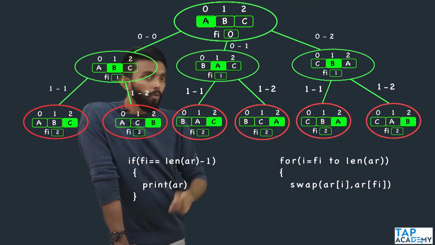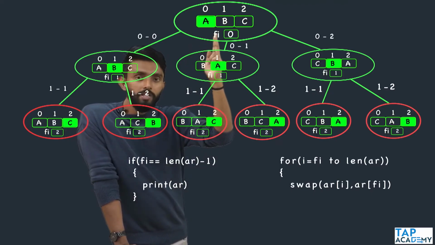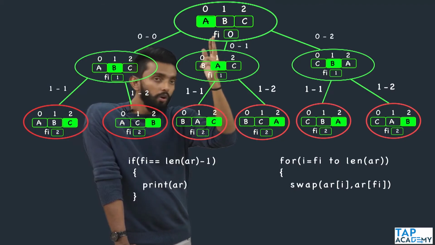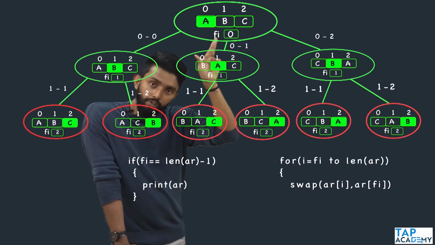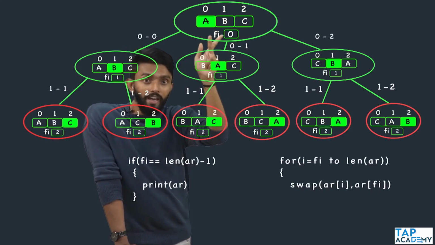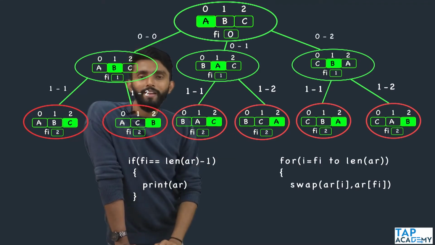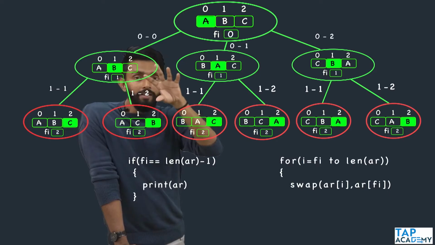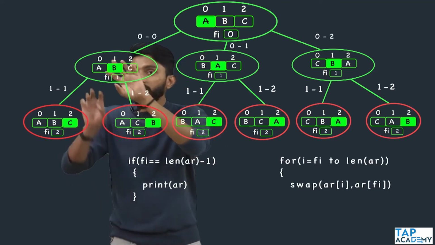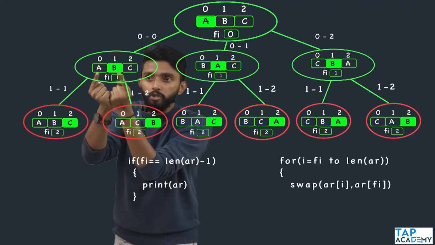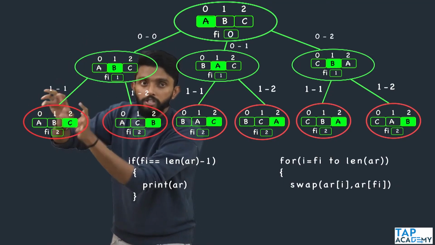Would you agree with me? Wherever I is, with the fixed index element, you are swapping. First time I is also 0, fixed index is also 0, array of 0 is A, array of Fi is also 0, so that is also A. A and A if you swap, it will be in the same position only. Hope you are able to think, right? Swap. Then after swapping, its own permutations can be there.